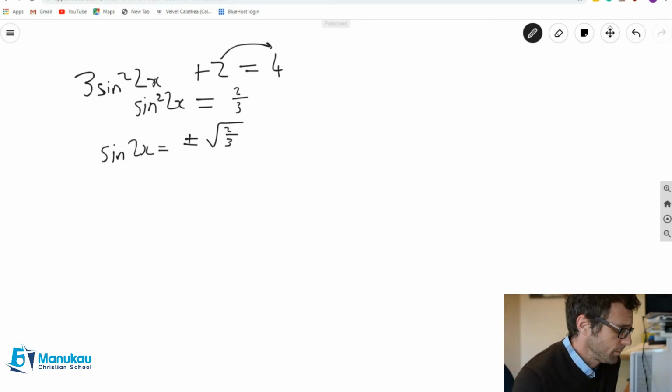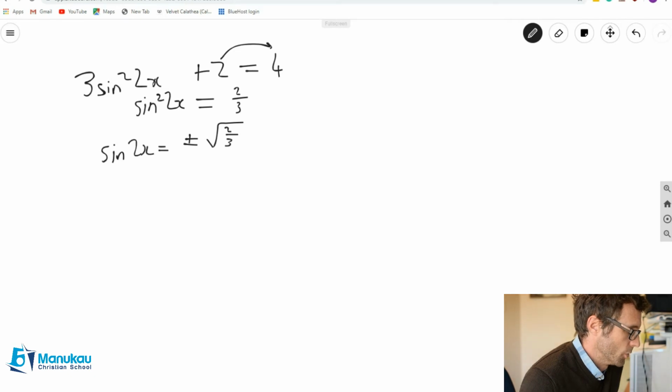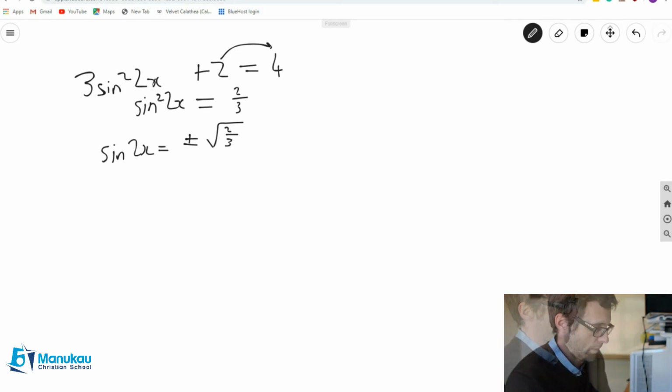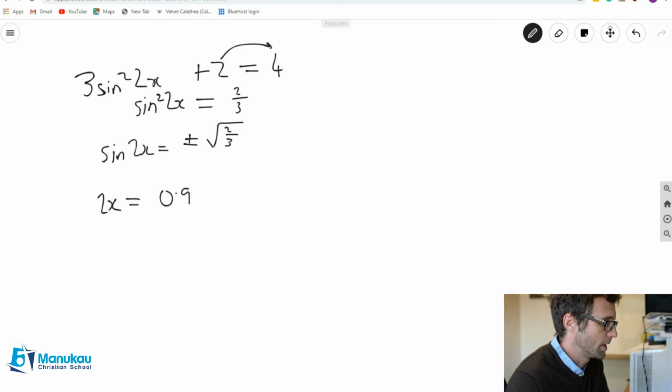Now what we need to do is use our calculator to find out those values. So turn the calculator to radians. I'm going to do the positive square root first of square root 2/3. So 2x is equal to 0.955. That's to 3 significant figures.